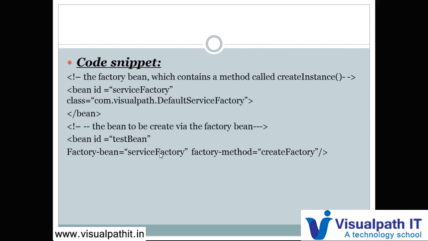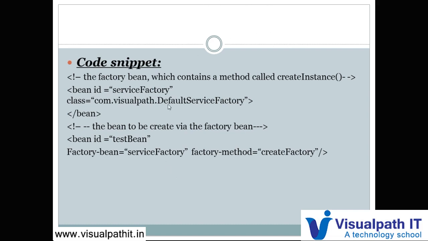The name of the factory method must be specified with the factory-method attribute of the bean element. The following is the code that shows how to use the instance factory method, how we use it to instantiate a particular bean in the XML configuration file.